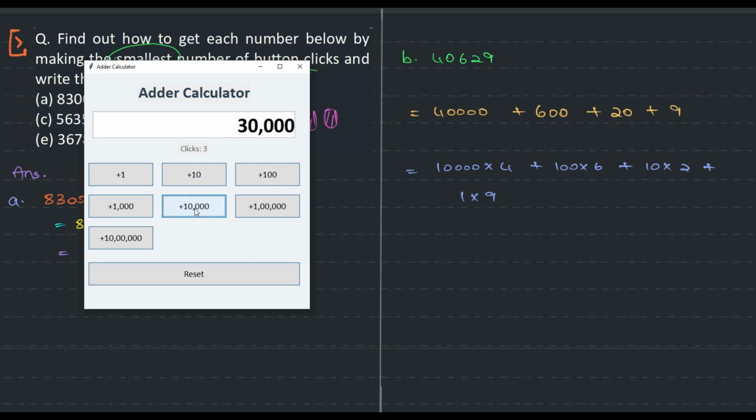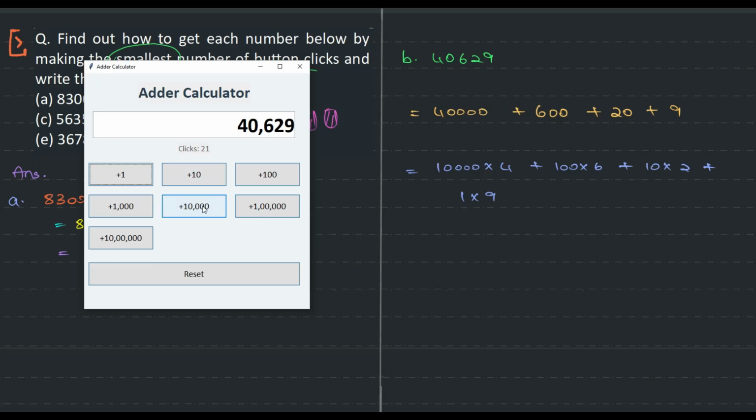So we have 40,000, then 600, then 20, and if I keep pressing 1 nine times, I'll end up with this number. That's the fastest way of going about thinking.